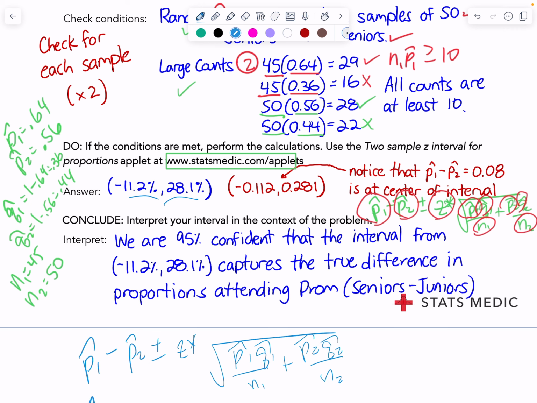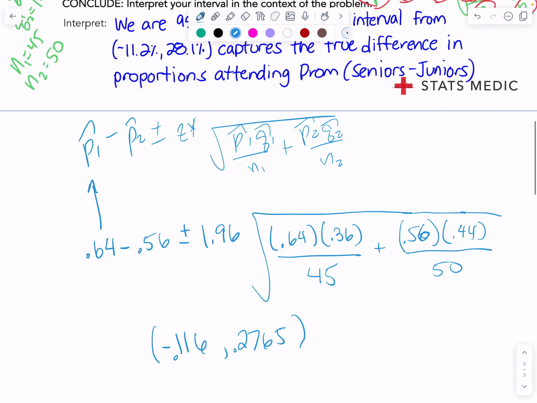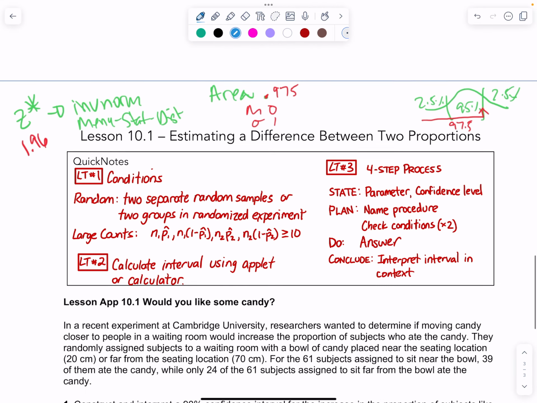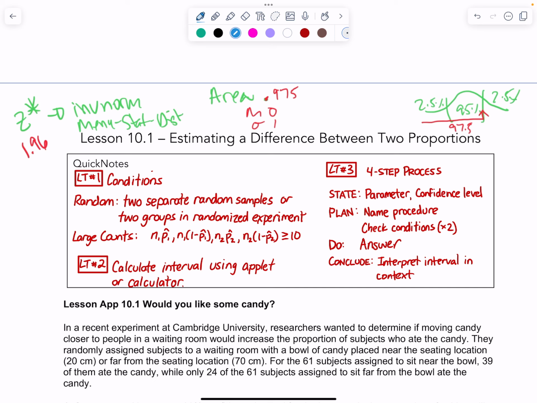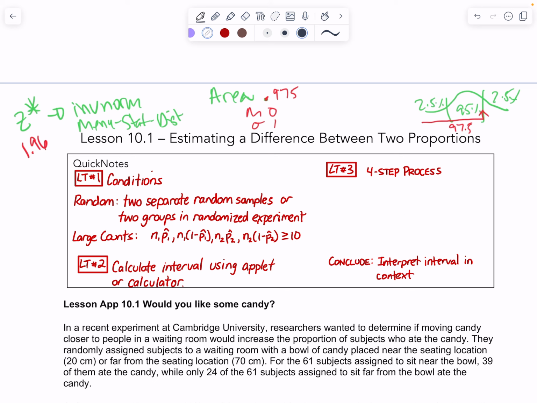So for this particular one, make sure you guys get this formula. Let me just put the formulas here that I want you to have.